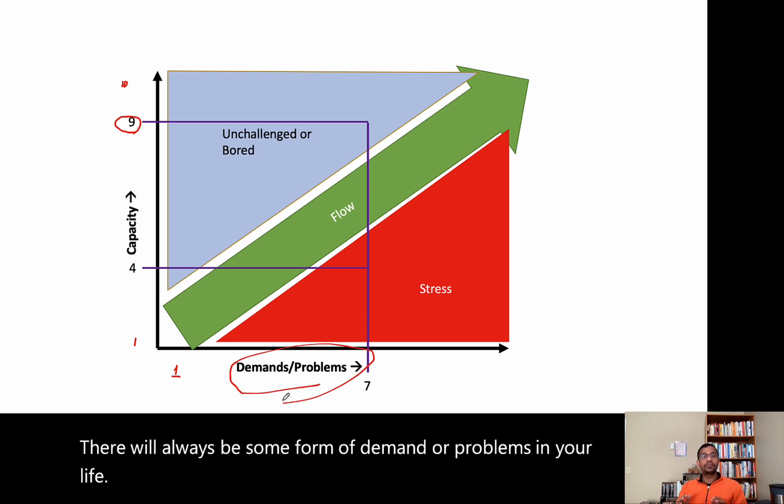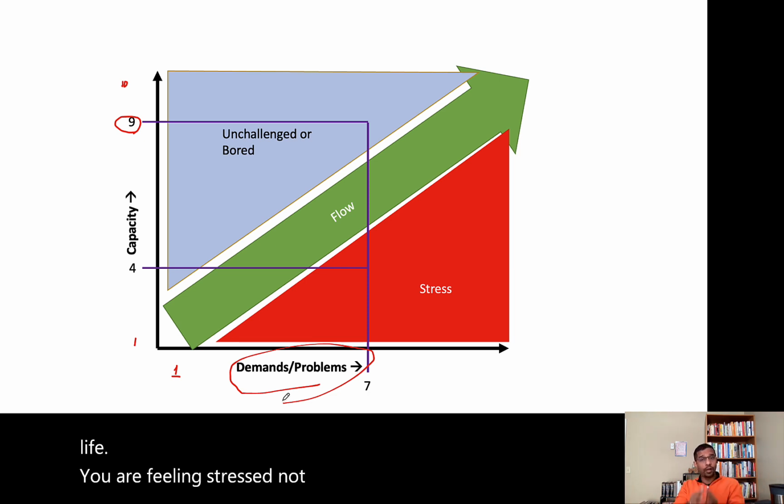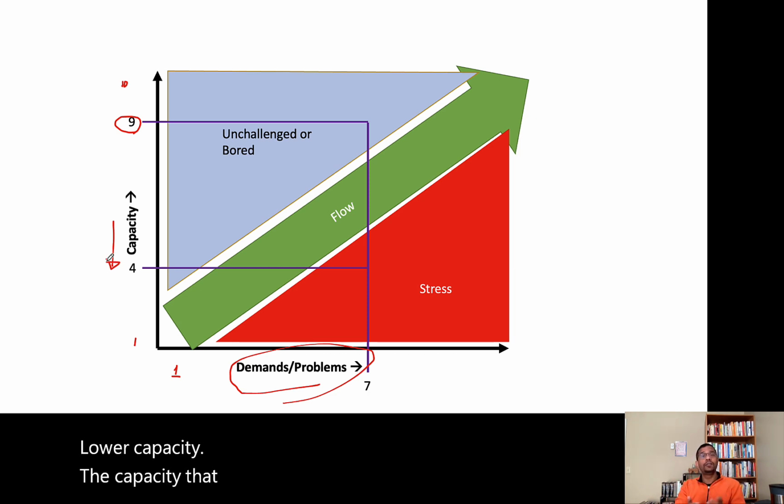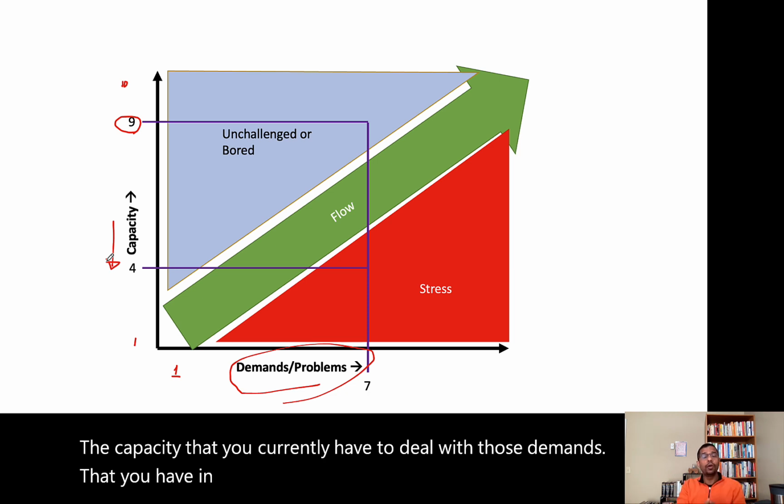You are feeling stressed not because of the demands or problems, but rather because of your lower capacity. The capacity that you currently have to deal with those demands in your life is lower. So the key thing then is to work on building your capacity.